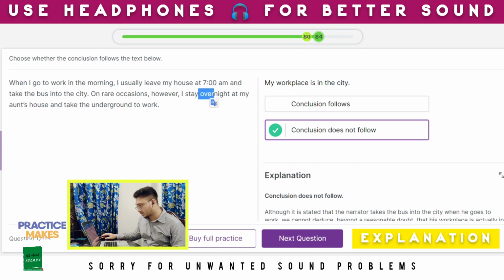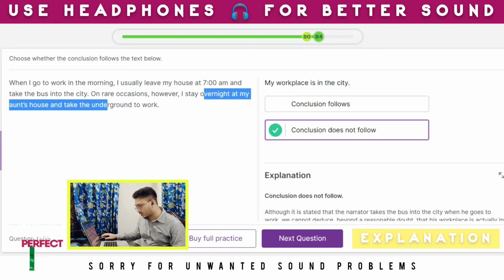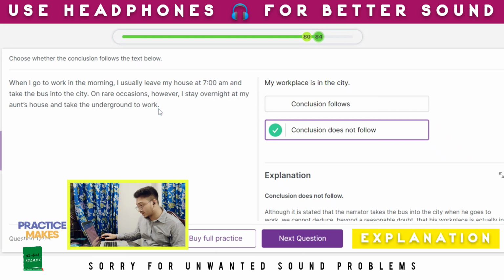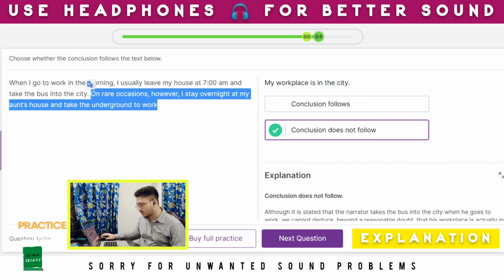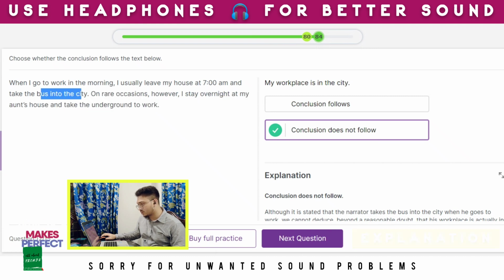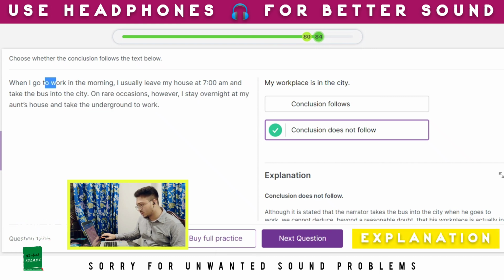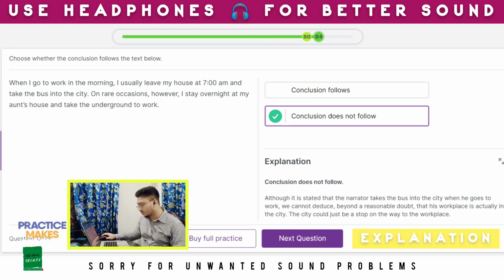It also says I stay overnight at my aunt's house and take the underground to work, but again it didn't say it is in the city, because I don't know where his aunt is. He takes the bus to the city, but he didn't say that his workplace is in the city. So that's why the conclusion doesn't follow.